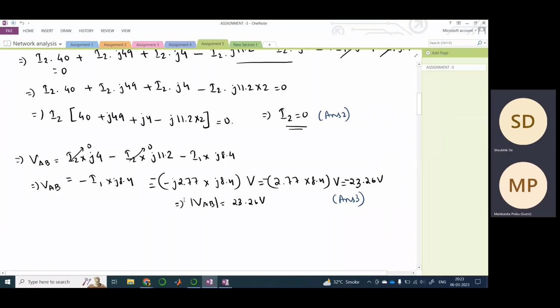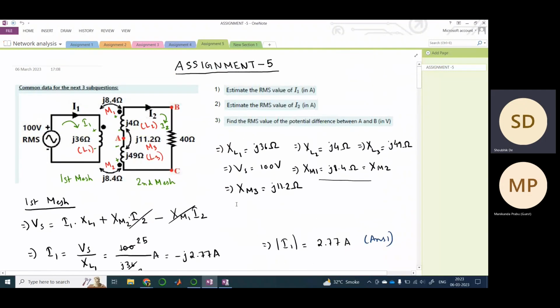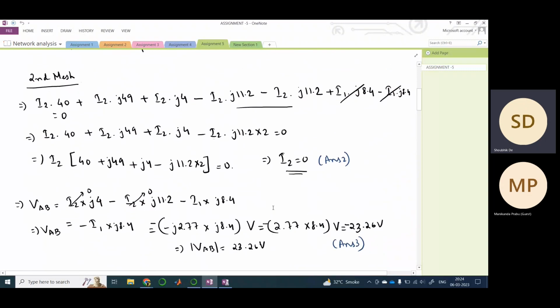Yes, sir. Also the physical interpretation: why, even though there is no current, we are getting a potential difference. Probably this is why the problem was given, to also physically interpret it. The question that you asked is a valid question, right? Even I can also ask that. See, how is it possible? I2 is 0.